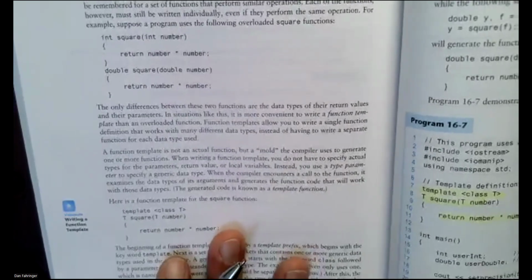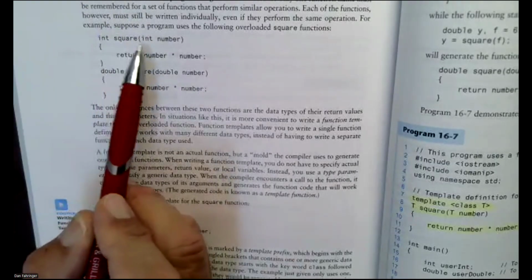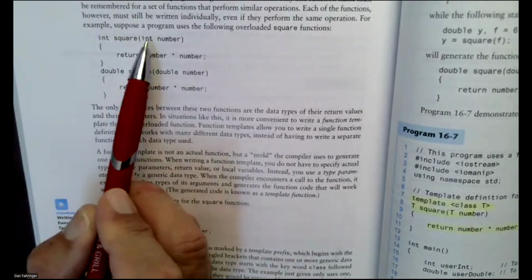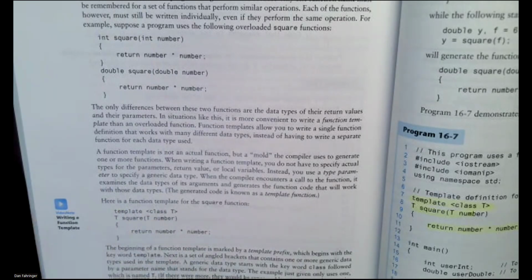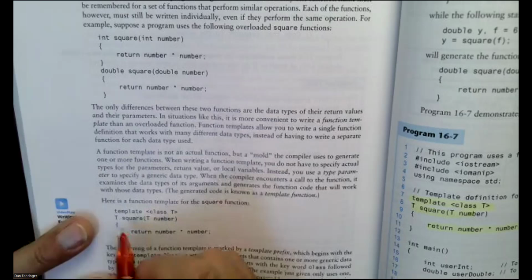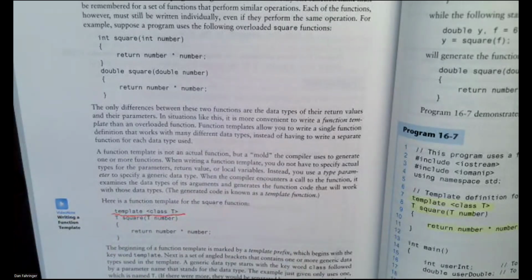Instead, I can use something called a template. A template looks exactly like this. Instead of int, I'm going to put a T. I need to let the program know it's a template, so I have this first line, template class T. Now if I called square and passed in an int, it would return an int.